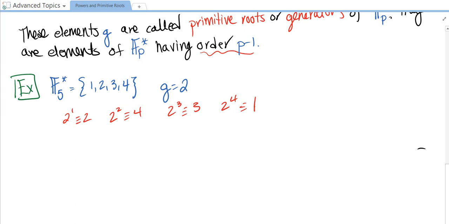So 2 is a generator for F5 star. That's the idea with primitive roots, and we'll get some practice with this in homework and in group work.